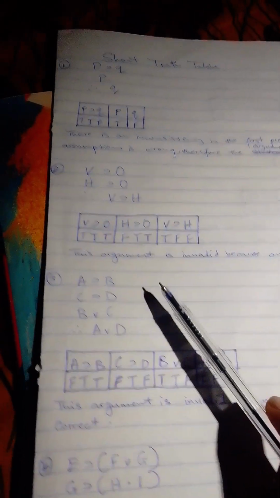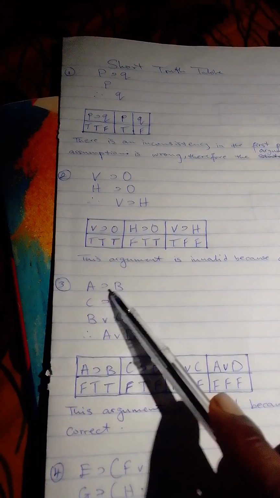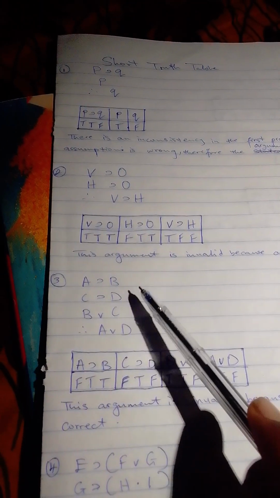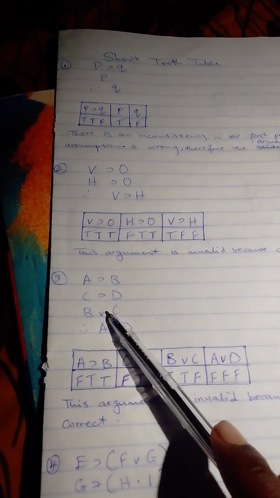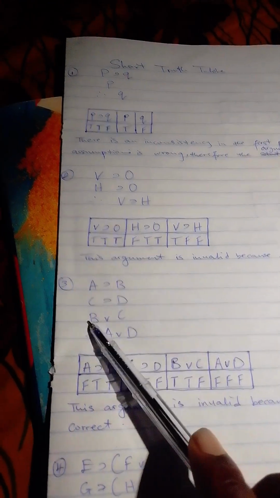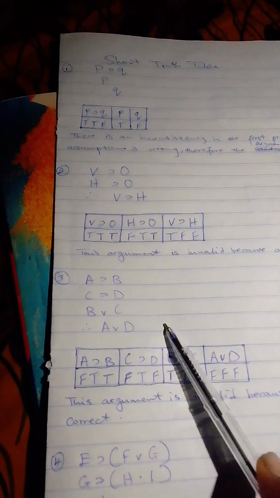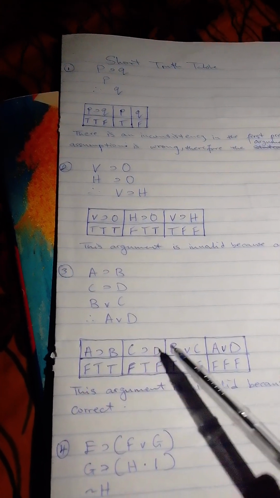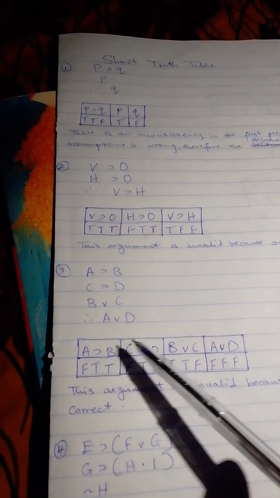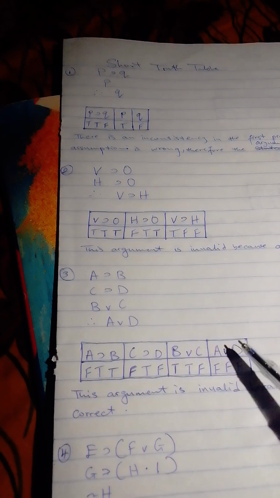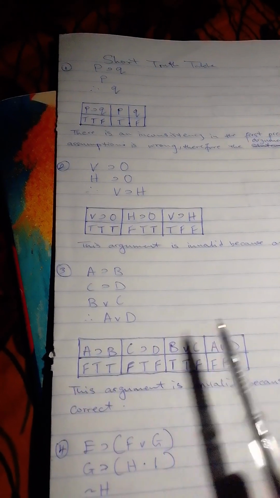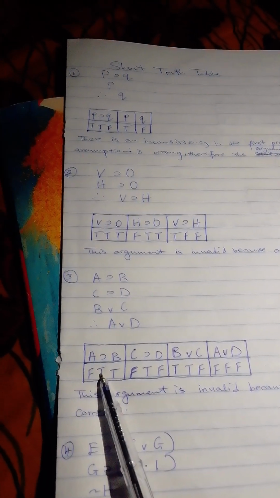Third question, we have our first premise as A implies B, C implies D, B implies C, B or C. Therefore, A or D. We sketch out our premise 1, premise 2, premise 3, and conclusion. And the law states premises are true.